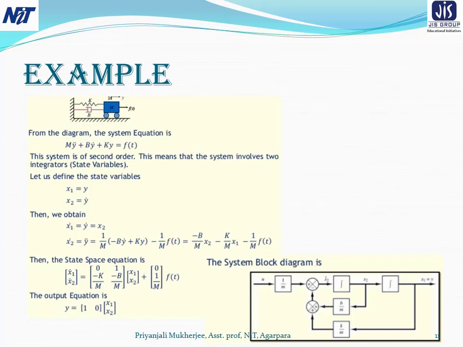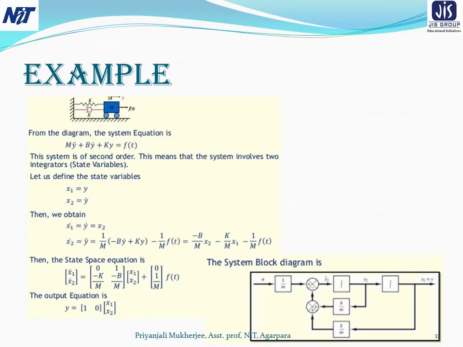First we assign the state variables: x1 equal to y, and x2 equal to y dot. So x1 equals y, and x1 dot equals x2, which equals y dot. So x2 dot will be y double dot, and from the system equation we can write y double dot equal to 1 by m into minus b y dot minus k y plus f(t).